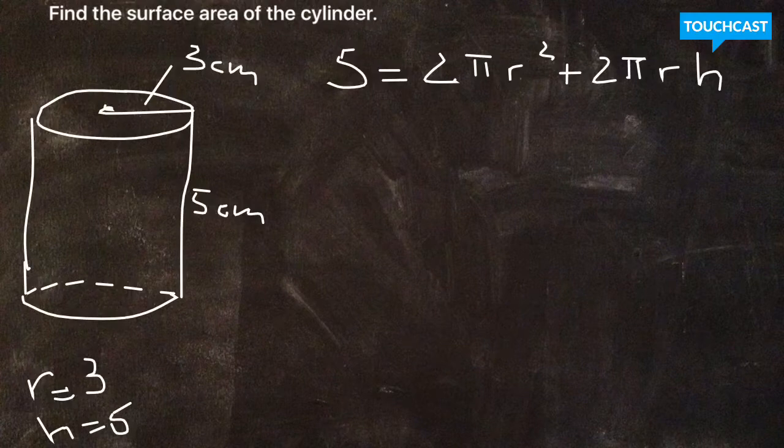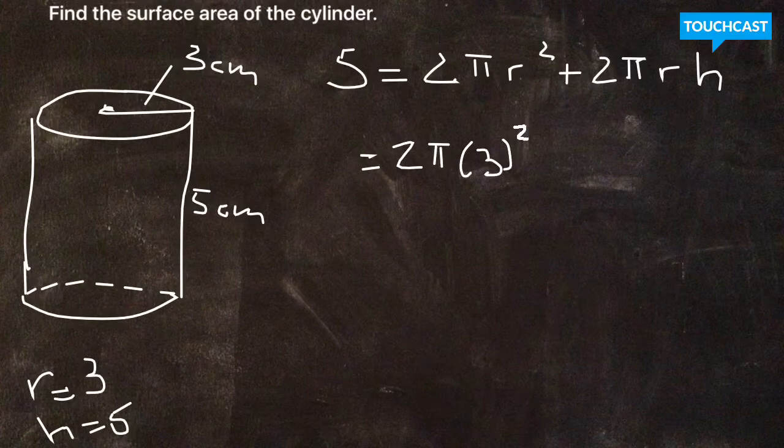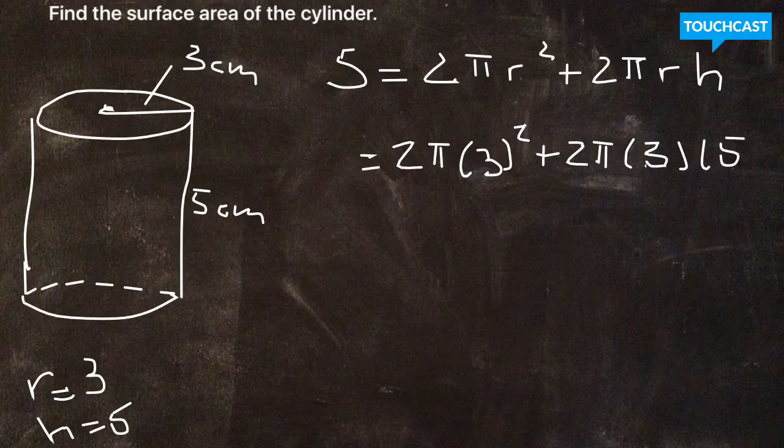So our surface area will be 2 pi times 3 squared, or 3 to the second power, plus 2 pi times 3 times 5. Now we're going to use our order of operations to simplify this.